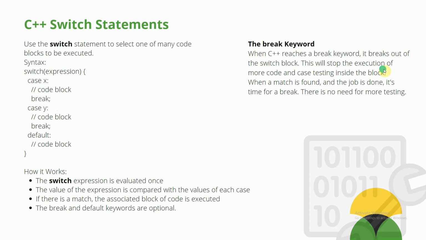This will stop the execution of more code in case testing inside the block. When a match is found and the job is done, it's time for a break. There is no need for more testing. Hence, the break is optional, but it is advised to have it on every code block declared in the main function of the program.